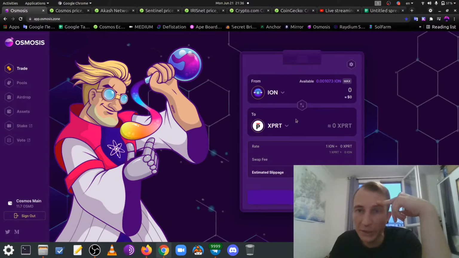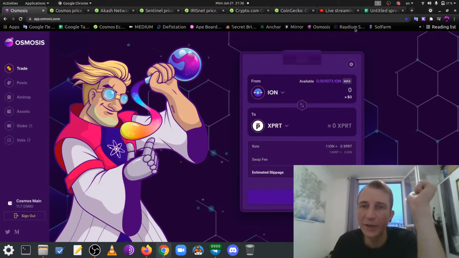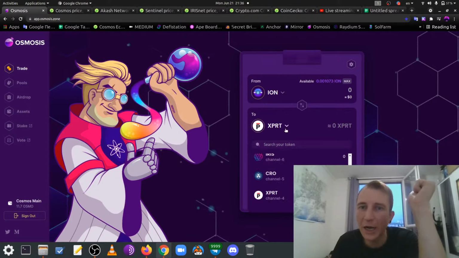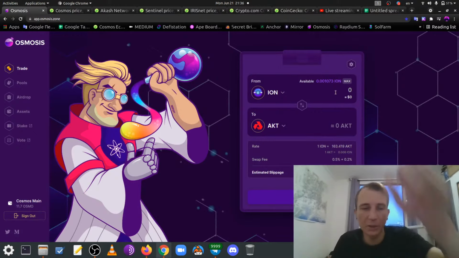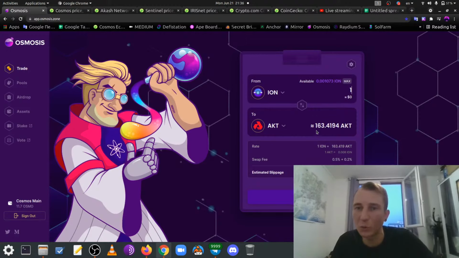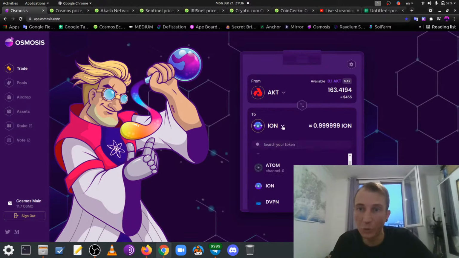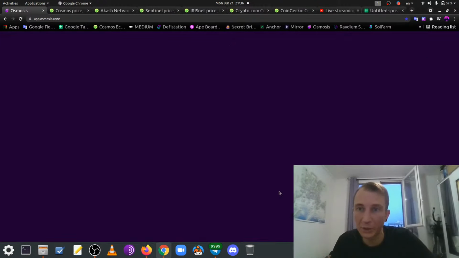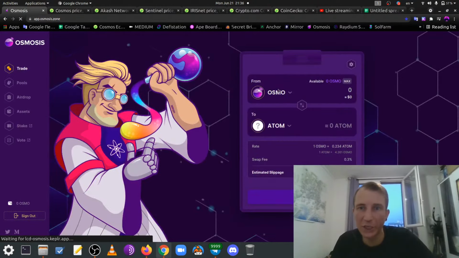What it means? It means that we can look for some interesting hints, like if one ion, it's for example in a cache. If one ion in a cache is 163 a cache, it means that if it will be XPRT, if it happens, just refresh.